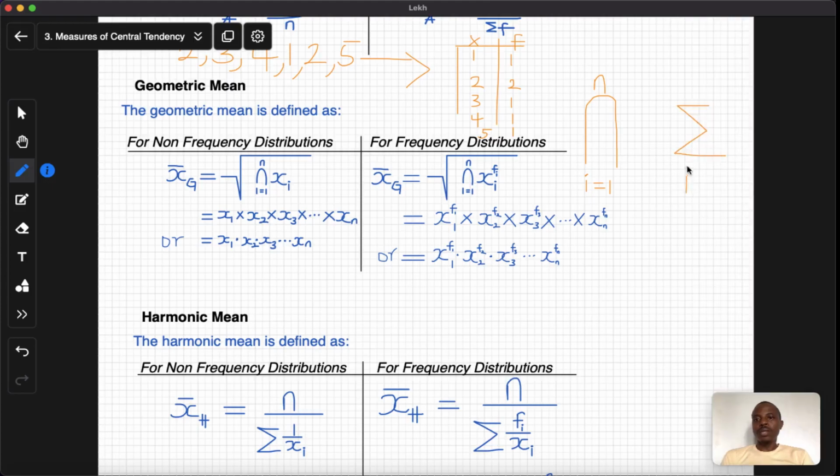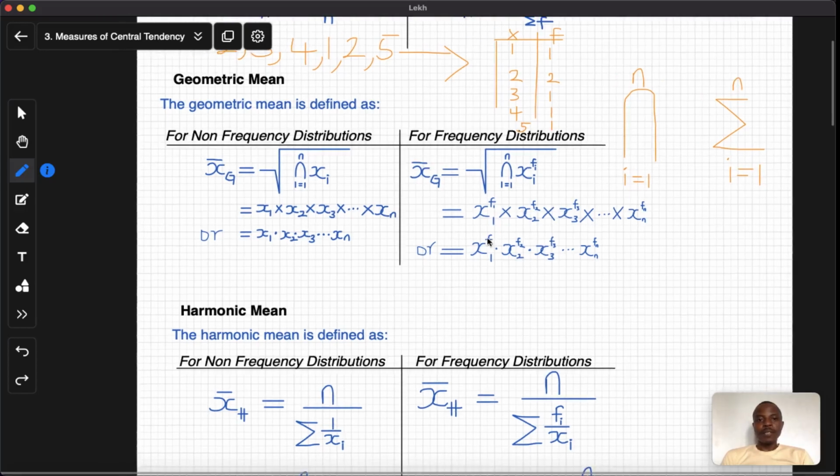The Greek letter you see here is called sigma, and it stands for summation. So sum from 1 to n. This one says multiply from 1 to n. So product. That's what you are seeing here.